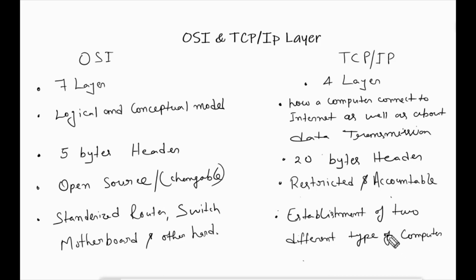These are some basic differences between OSI and TCP/IP layer. Now let's discuss each layer of the OSI, because both have similar kinds of layers. TCP/IP has 4 layers, OSI has 7 layers. So let's see first the difference between them.